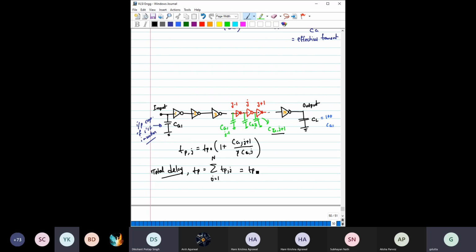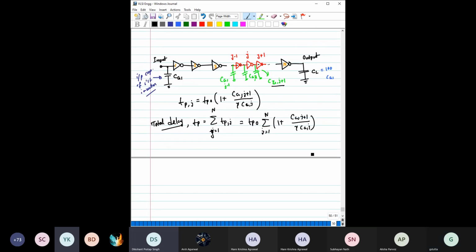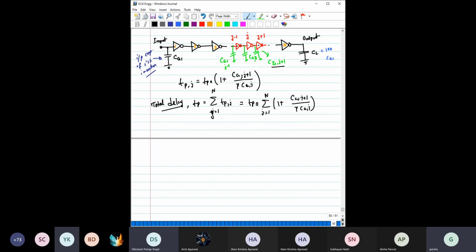And this can also be written in this way, j from 1 to n, of 1 plus Cgj plus 1 by gamma Cgj. Is this part clear to you? I think there is nothing difficult, right? So it should be clear to you.